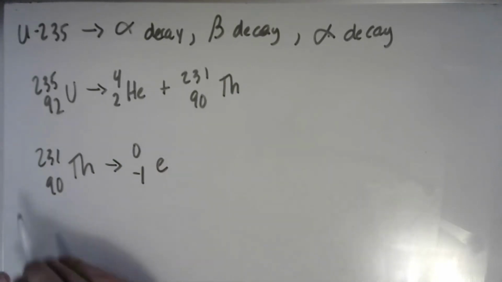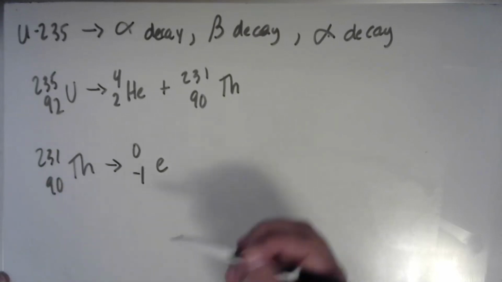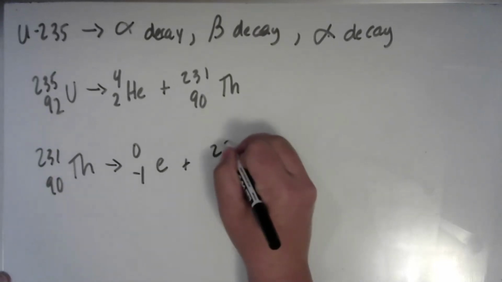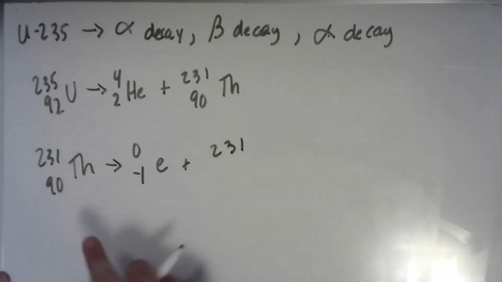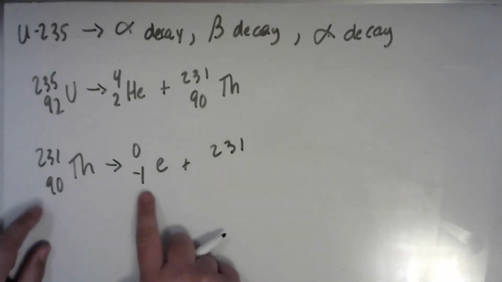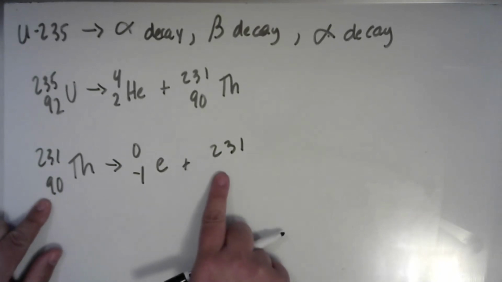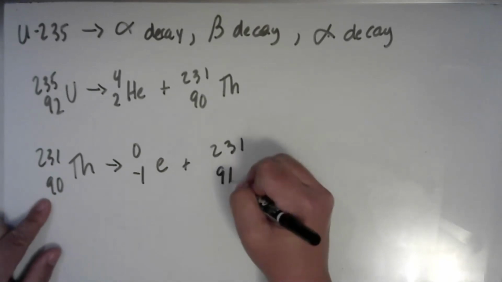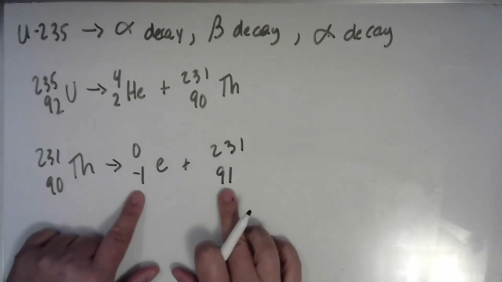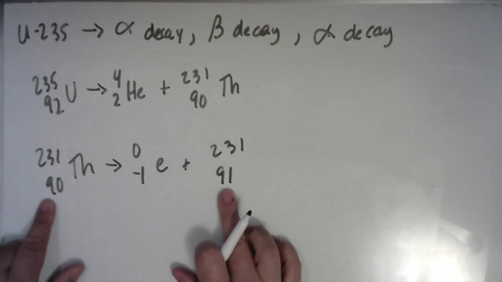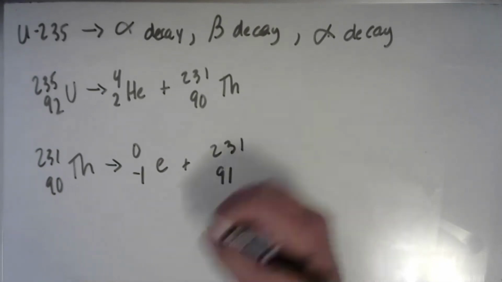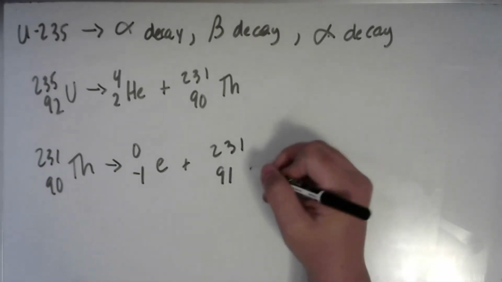All right, so 231 and 0, still going to be 231. I have a -1 over here and I have a 90 over here. That means that my subscript here is going to have to be 91, because 91 minus 1 is going to be 90. And that is going to be protactinium.